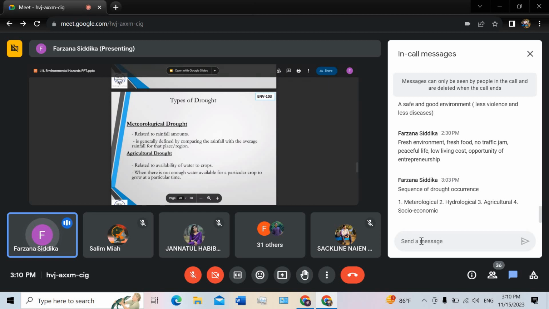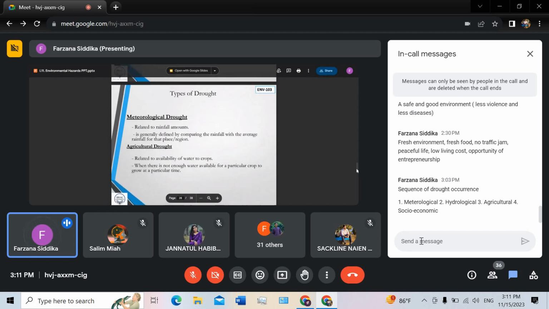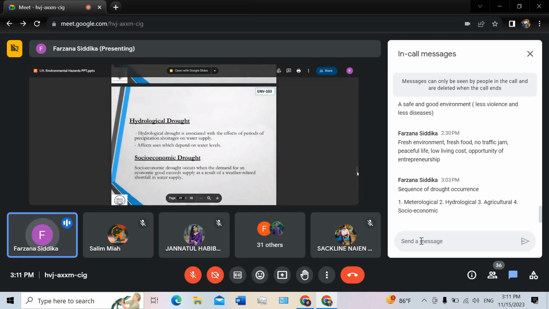আচ্ছা। So second is, আচ্ছা আমি কিন্তু কারেকশনটা লিখে দিয়েছি চ্যাট বক্সে। Second is hydrological drought.